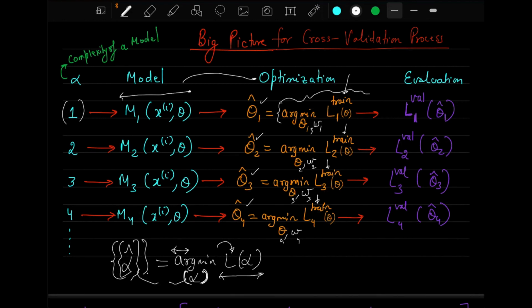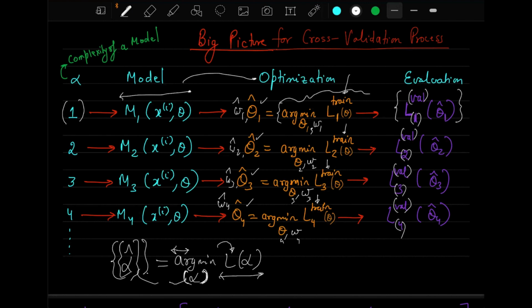theta 3 hat, theta 4 hat. Ideally it has to be w1 hat also here, w2 hat, w3 hat, and w4 hat, because the w vector and theta both are optimized. So now, an important point, please note: now you will evaluate on the validation loss. We have these validation samples, so you will be calculating the loss on the validation data set for different models, alpha equal to 1, 2, 3 and 4.